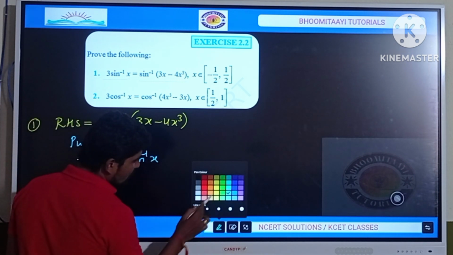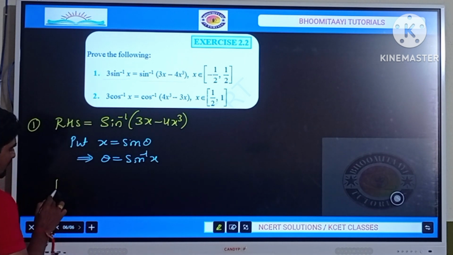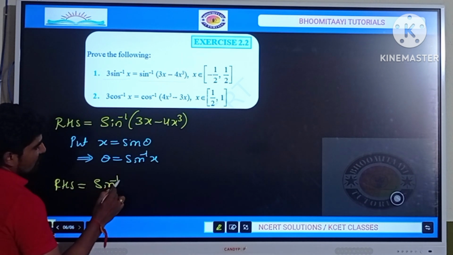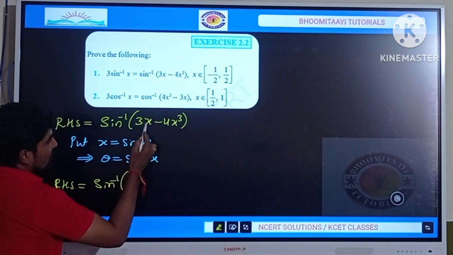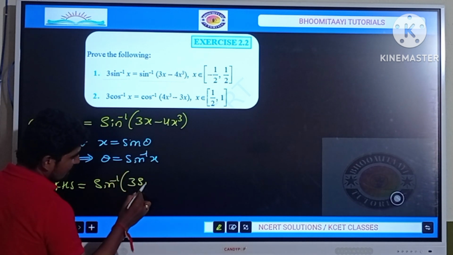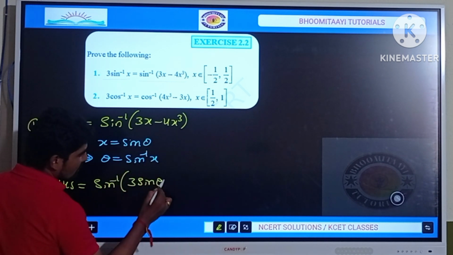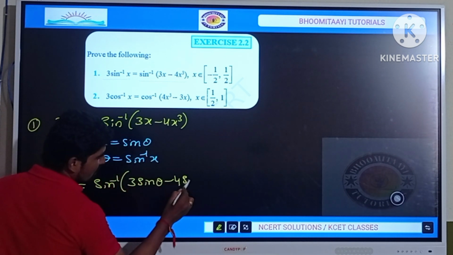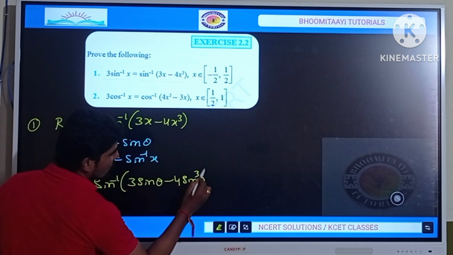By this substitution, the RHS of the given equation becomes sin inverse of 3 sin theta minus 4 as it is. If x is sin theta, x cube is equal to sin cube theta.